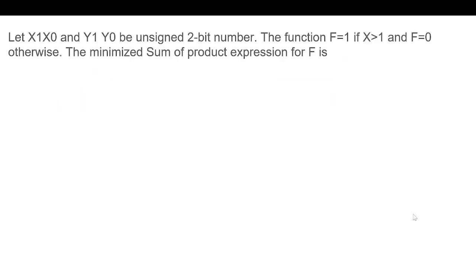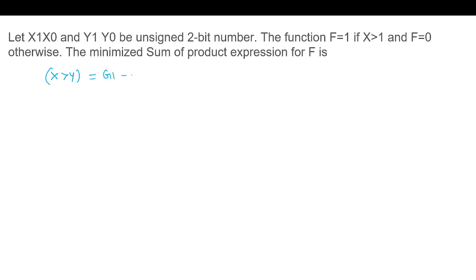Next, let x1, x0 and y1, y0 be unsigned 2-bit numbers. The function f is equal to 1 if x is greater than y, and f is 0 otherwise. The minimized SOP expression of f is, it is given x is greater than y, then output is 1.